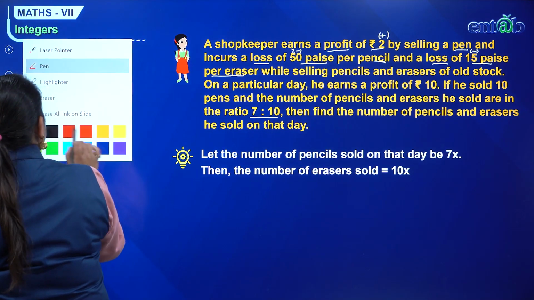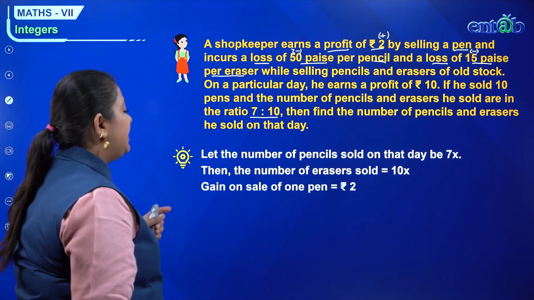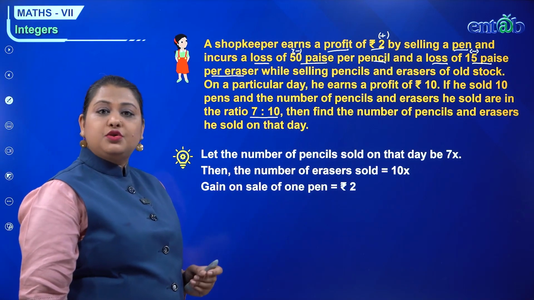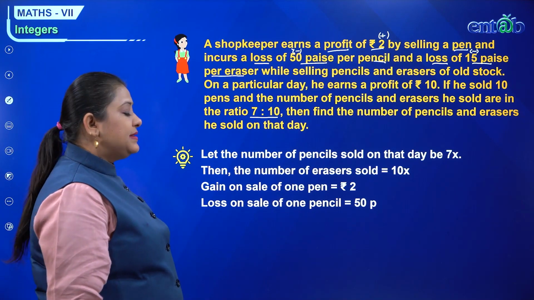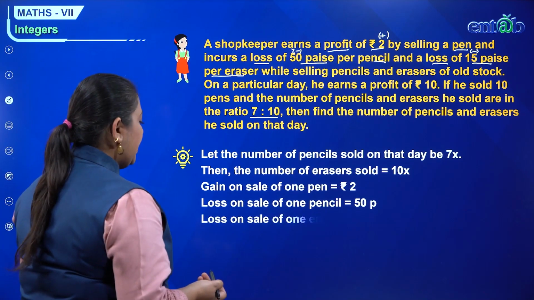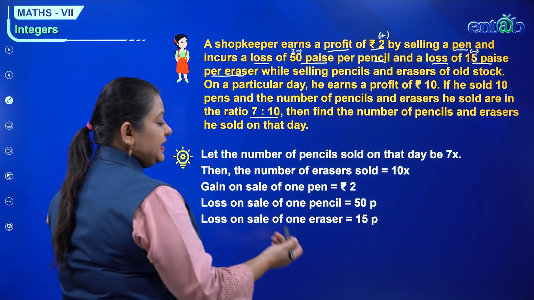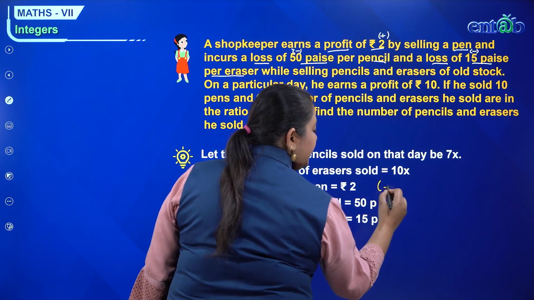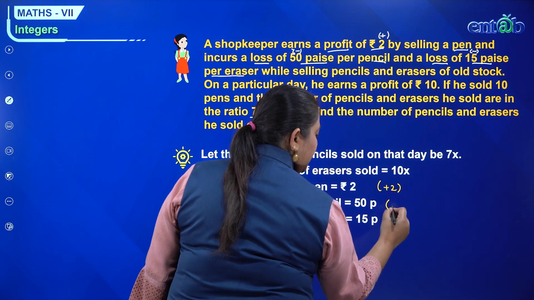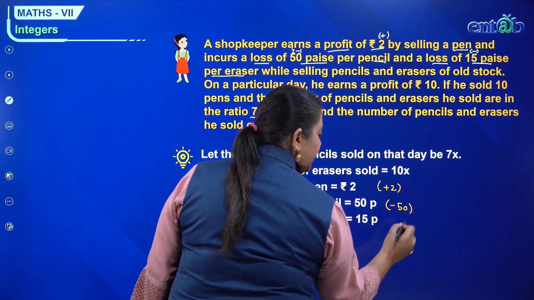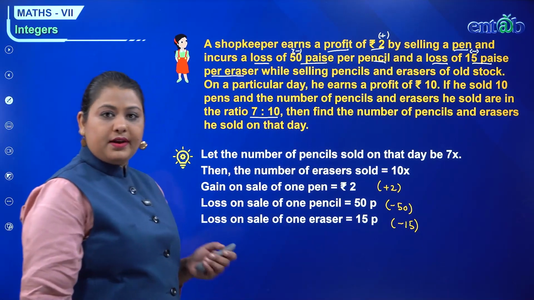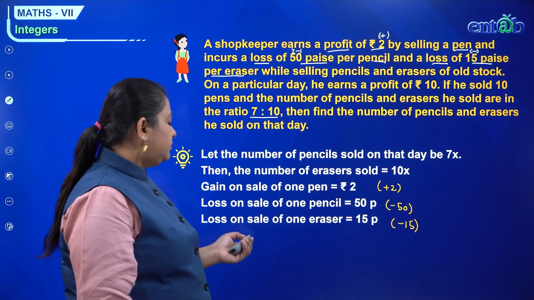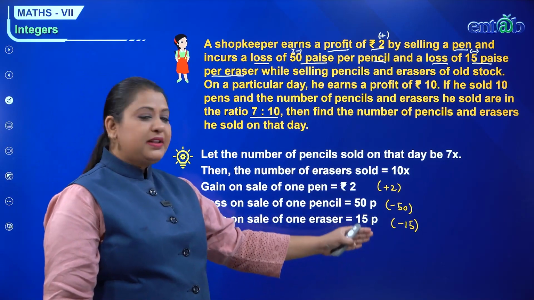Now, it is given to us that gain on sale of 1 pen is 2 rupees and loss on sale of 1 pencil is 50 paise and loss on sale of 1 eraser is 15 paise. So, I am referring to this as plus 2, this is minus 50 and this is minus 15, right. So, I am representing them as integers.